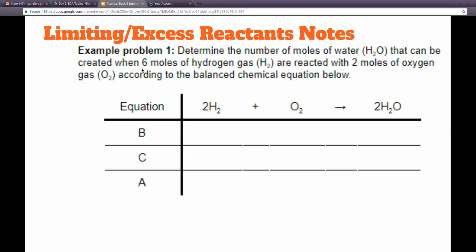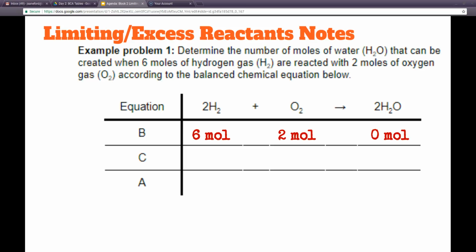So before the reaction actually happens, we have 6 moles of hydrogen gas. We put that right under H2. We also are told that we have 2 moles of oxygen gas, so we plug that in under O2. And before a reaction happens, we've got to realize that there aren't going to be any products. So before, the products are always going to be 0 moles.